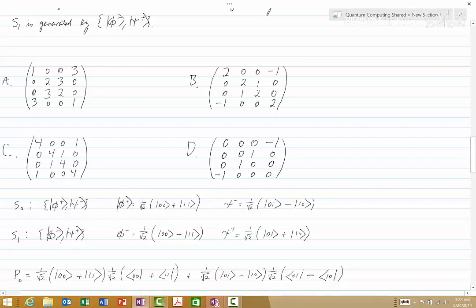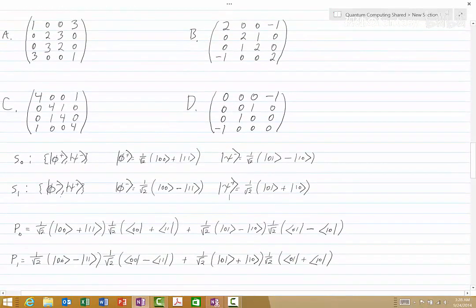Phi plus is 1 over the square root of 2 times (ket 00 plus ket 11). Psi minus is 1 over square root of 2 times (ket 01 minus ket 10). Phi minus is 1 over square root of 2 times (ket 00 minus ket 11). And finally, psi plus is 1 over square root of 2 times (ket 01 plus ket 10).